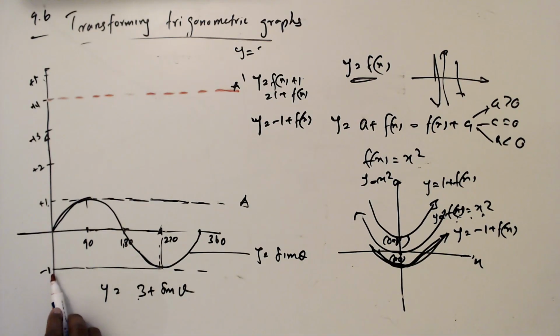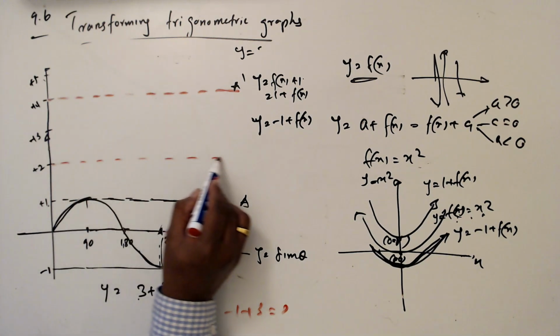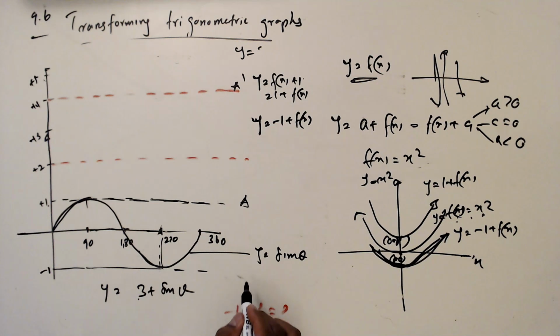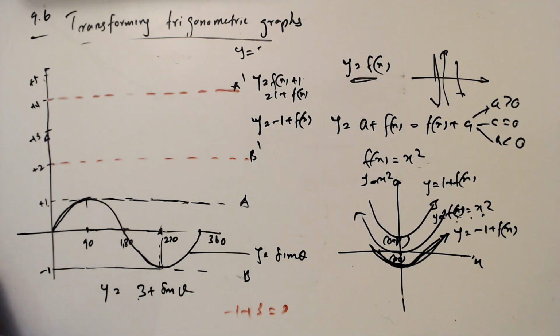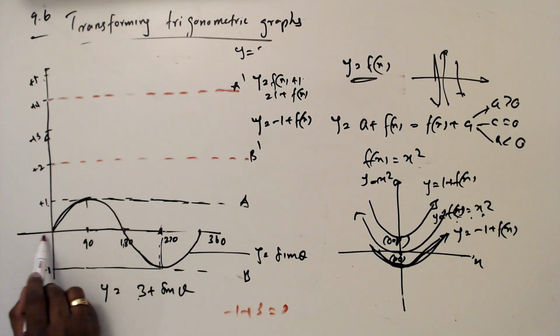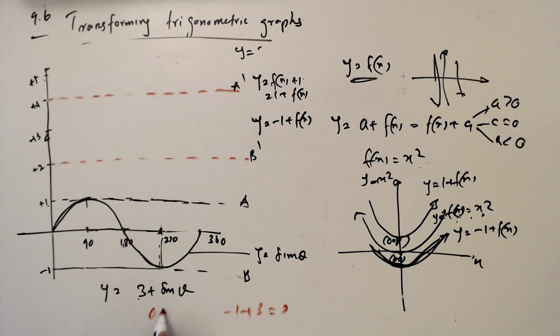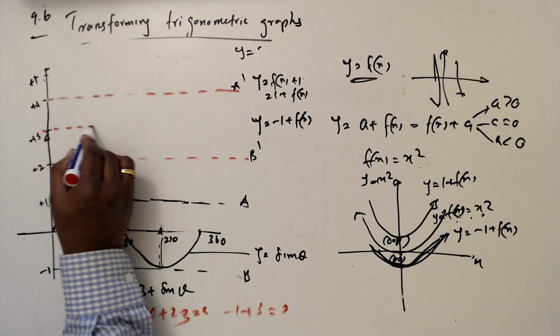The minus 1 line becomes minus 1 plus 3, which is 2. It is going to be here; this is the B line, so this is B dash. And the middle line is at 0, so 0 plus 3 is 3. So this is the middle line.